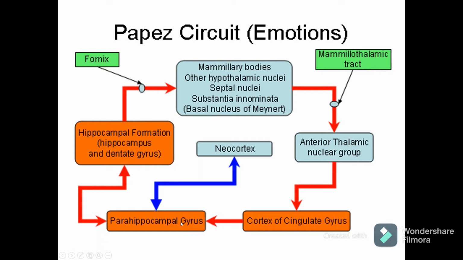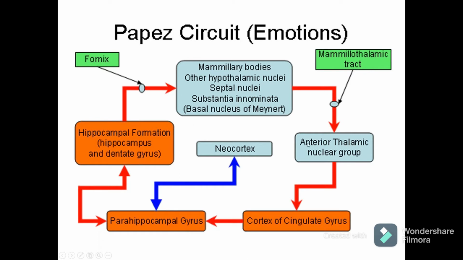Then it will go to the parahippocampal gyrus, and from the parahippocampal gyrus, it will go to the hippocampal formation. And again the fornix comes. So it is a kind of circuit.